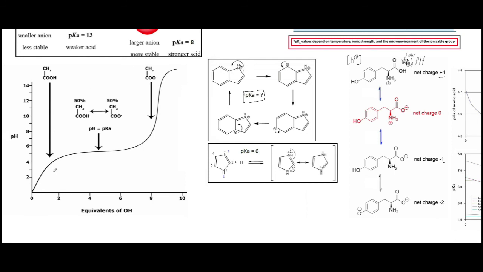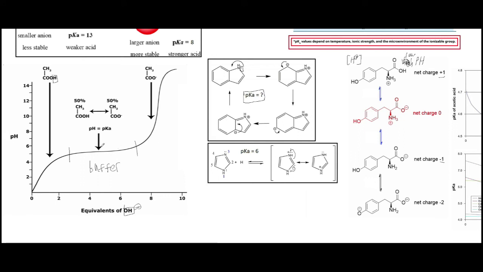Over here I just have a titration curve. So if we keep adding these groups here, which are negatively charged, then we will be pulling off the hydrogen on our carboxylic acid groups, and so our pH will slowly increase, and we get into this area here, which is the buffer zone, and this is very common for weaker acids, things like carboxylic acids.